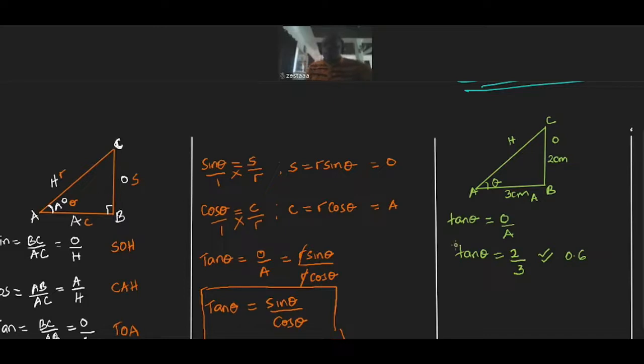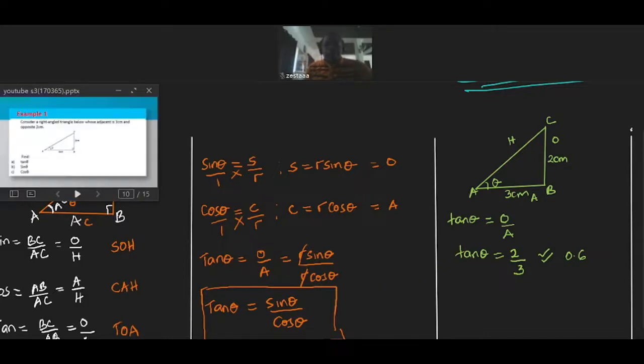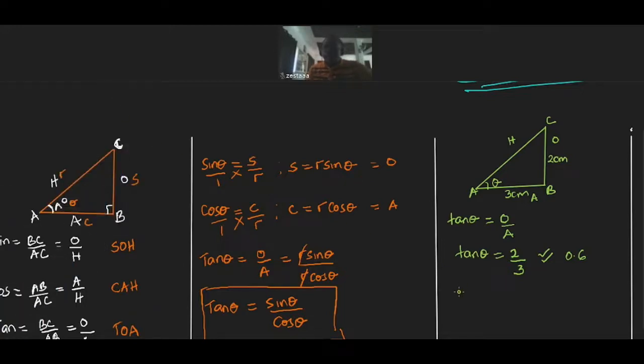Then we have also been told to find sine theta. We know that sine theta is our opposite out of the hypotenuse. Our opposite is 2.